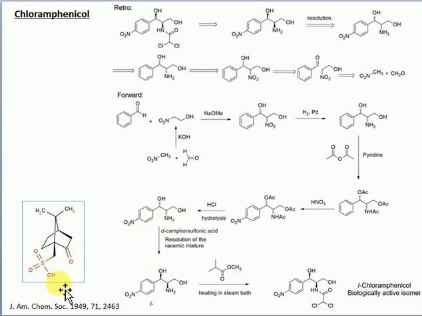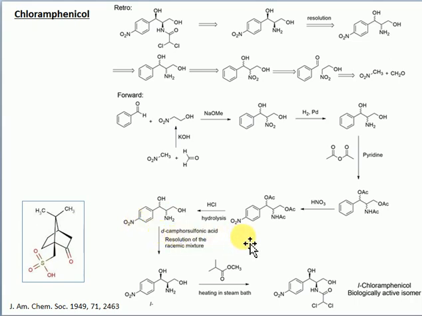You know, if there is an acid and an amine, they will form a salt. So this D-camphor sulfonic acid will form diastereomeric salts, two different salts. It will form a salt with the D form of this and also with the L form of this.